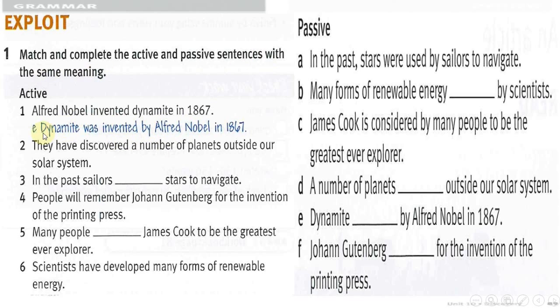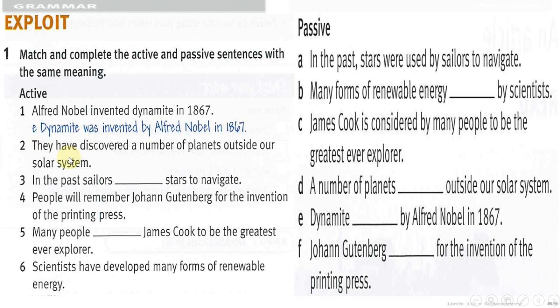So the first one is already done. Alfred Nobel invented dynamite in 1867, which goes, we will see it in a minute. Dynamite was invented by Alfred Nobel in 1867.